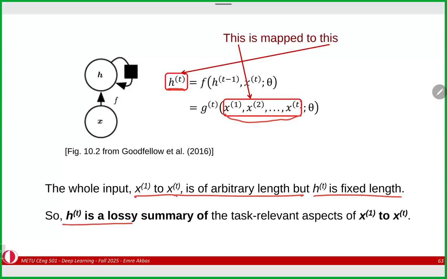So ht is a lossy summary of the task relevant aspects of x1 to xt. So it's actually summarizing the task relevant aspects, whatever your task is, into ht, and that's called the hidden state. And this is a lossy summary because t can be anything. Your sequence could be a whole novel, a Tolstoy novel, and you can consider each word as x, and an LSTM or an RNN can read the whole novel and output just one ht. That's the lossy summary of the whole book.